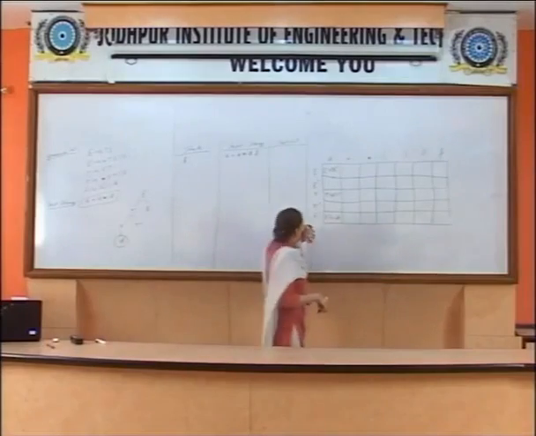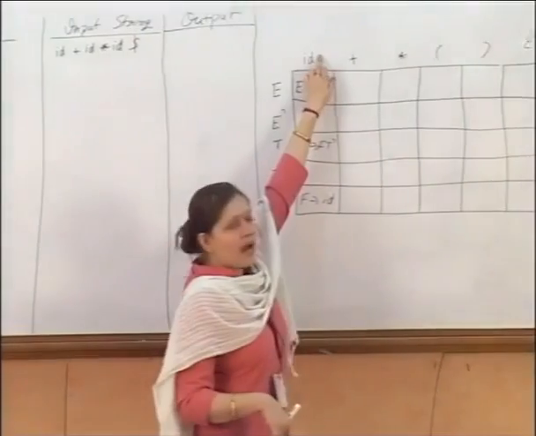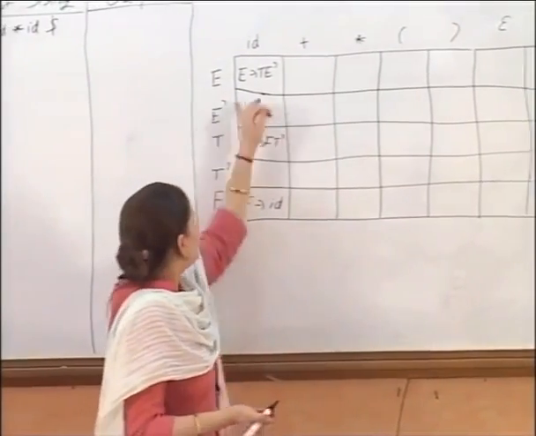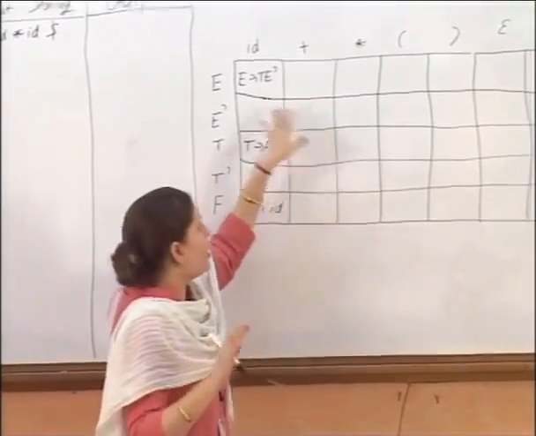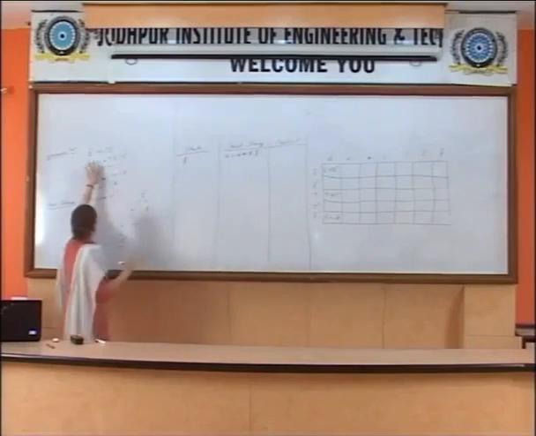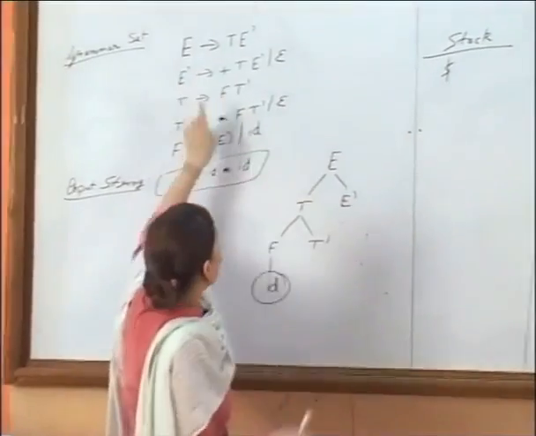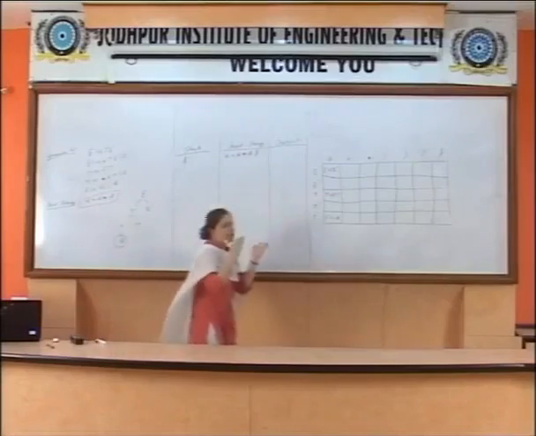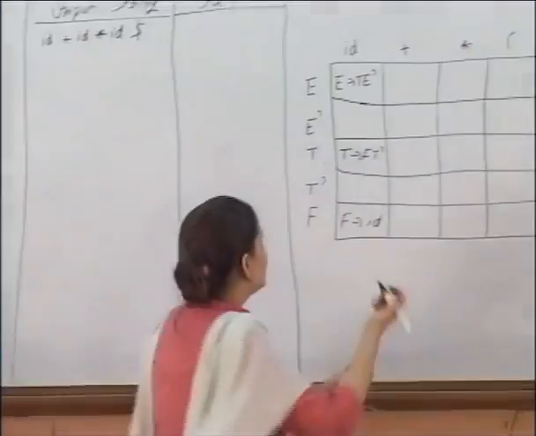Then when we want to scan ID from the remaining two non-terminal symbols, we do not have any production available here, as E dash begins with a plus symbol and T dash begins with a star symbol. So now scanning towards the next terminal symbol, that is plus.